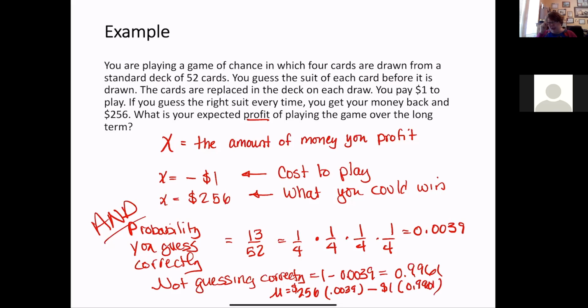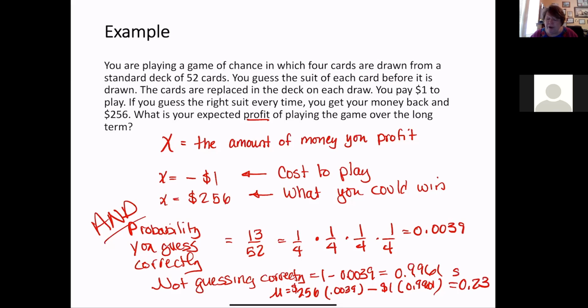And it's negative because you're losing money. So the 2 values your random variable can take on is -1, that you lose your dollar, or $256 if you guess correctly. So if you take your handy dandy calculator out and you multiply 256 times 0.0039, and you subtract from it 1 times 0.996, you get 23 cents.